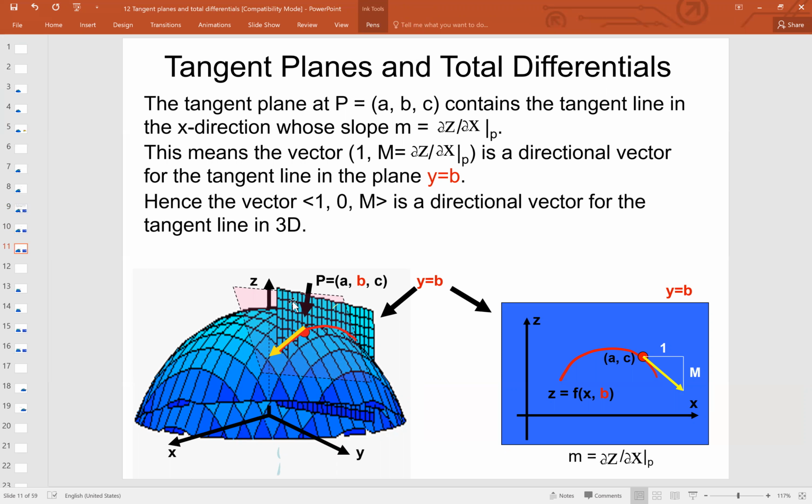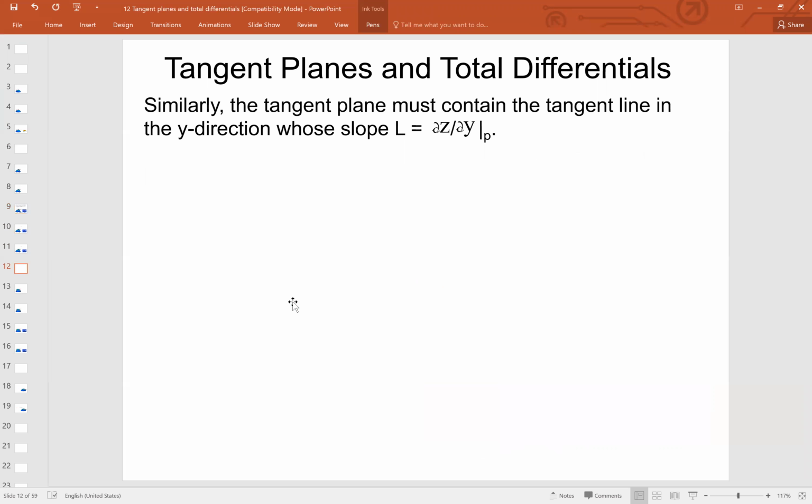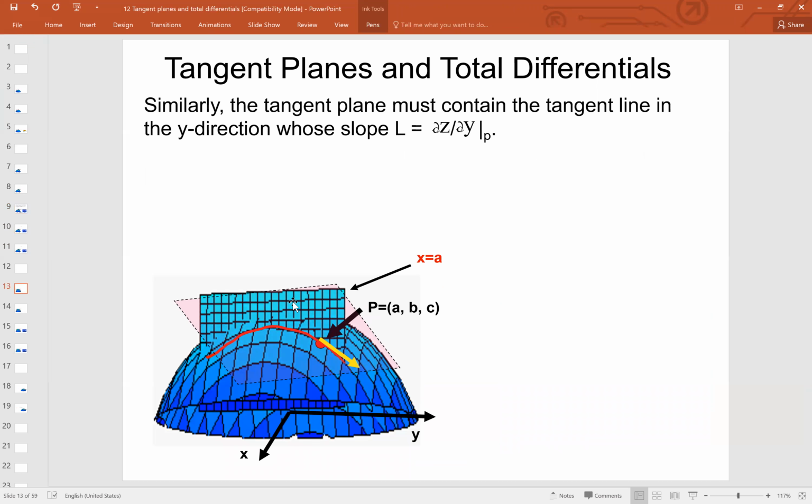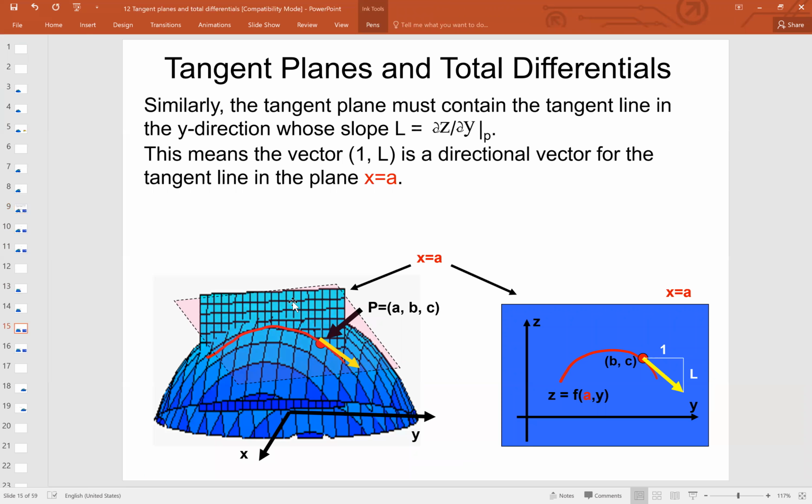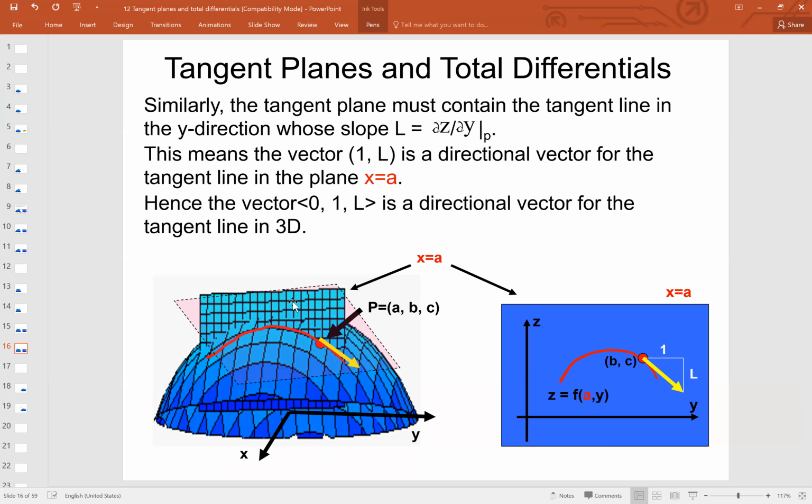Similarly, in the y direction, we have the partial derivative, suppose of y is equal to L, then similarly the vector (0, 1, L) is the directional vector for the tangent line. These two vectors, the tangent in the x direction and in the y direction, sit on the tangent plane.